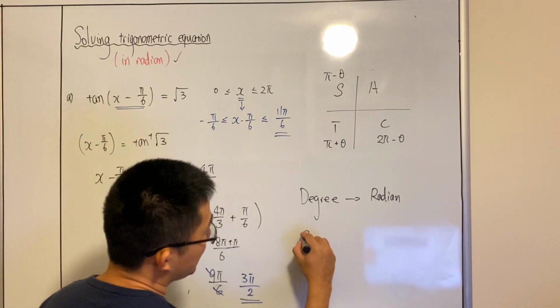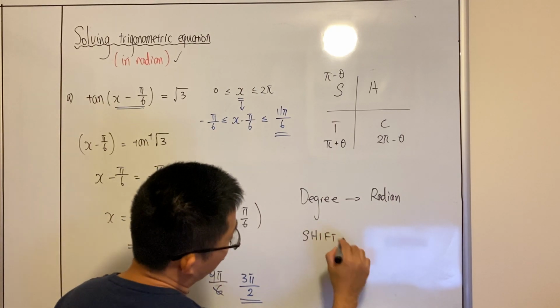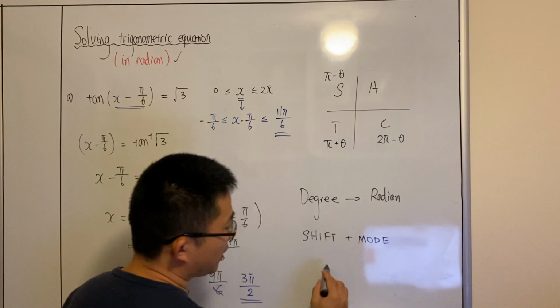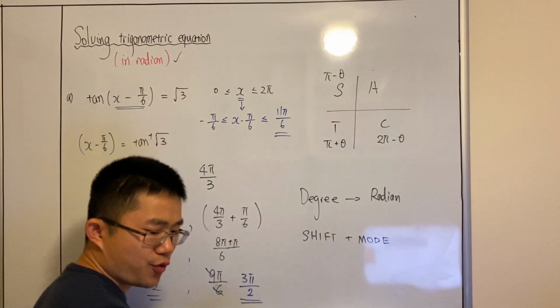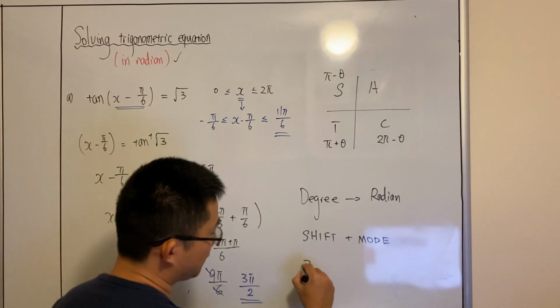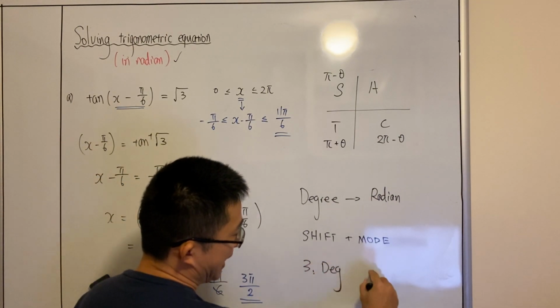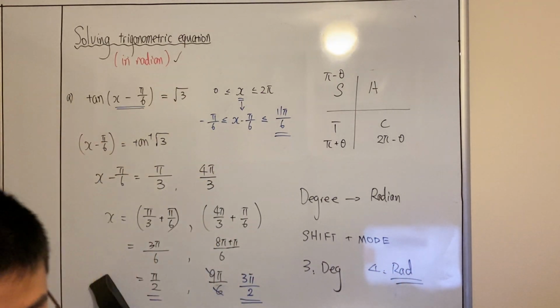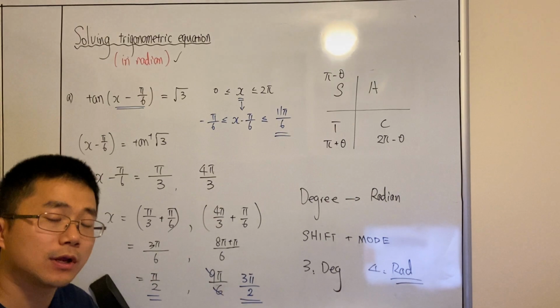The way to change it is to press shift and press mode. You should be able to see, if you shift mode, number 3 is for degree, and number 4 is radian. You just need to select radian when doing radian questions.